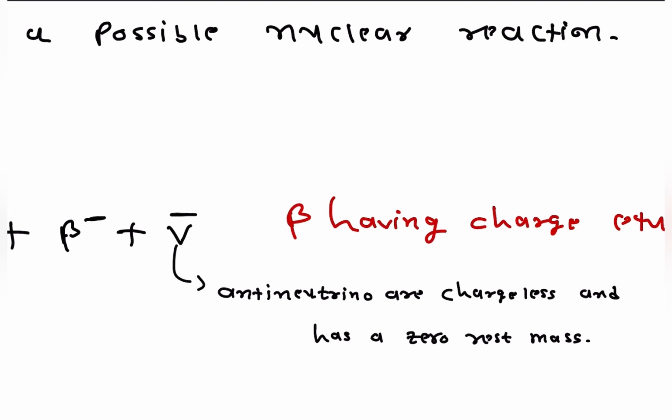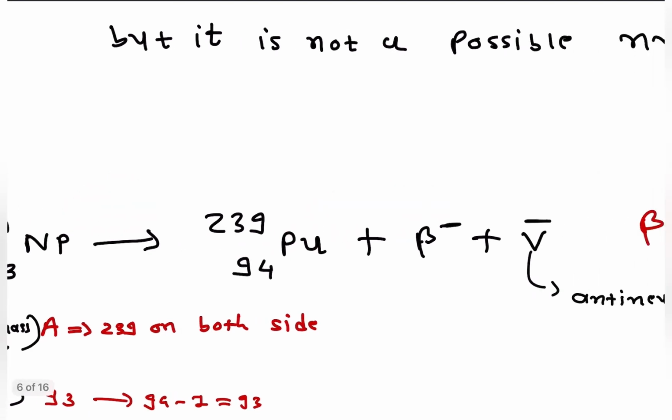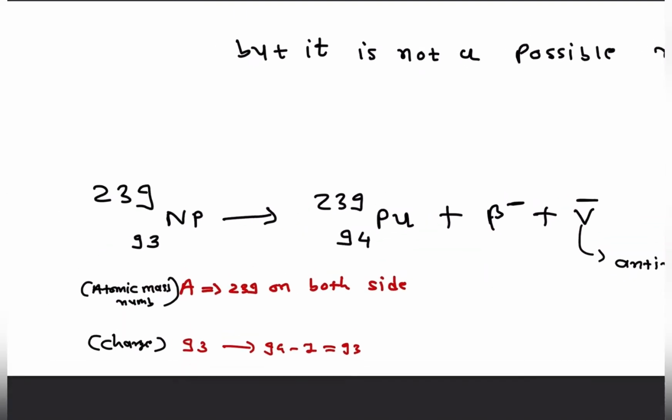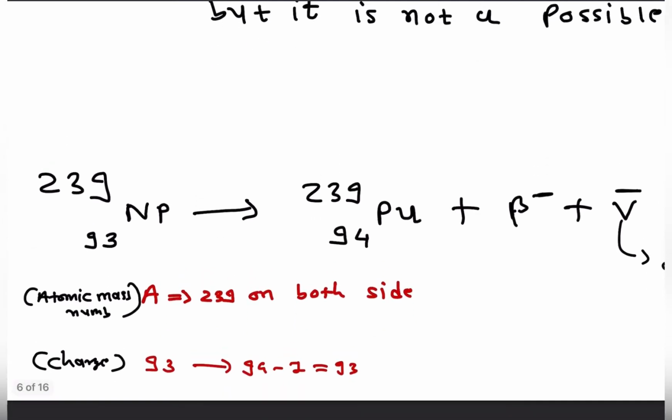So in order to satisfy the conservation of mass and charge, the atomic mass number A on the left side is 239, and here it is also 239, because beta and antineutrino are 0 and -1, here 0 and 0. So the atomic mass number A remains the same on both sides, as well as charge.